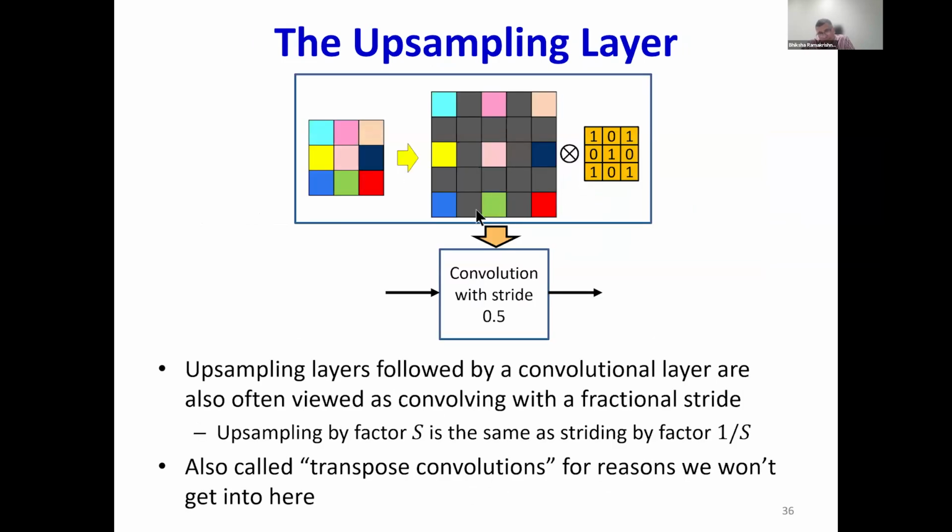And this is also often called convolution with a fractional stride. If I upsample a map, I'd be introducing rows and columns of zeros and then convolving by a filter. So the equivalent term often used is convolution with a stride of 0.5. For reasons that we won't get into over here, this is also sometimes called a transpose convolution.